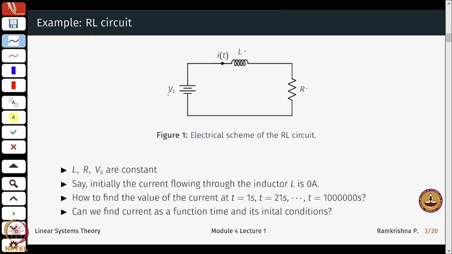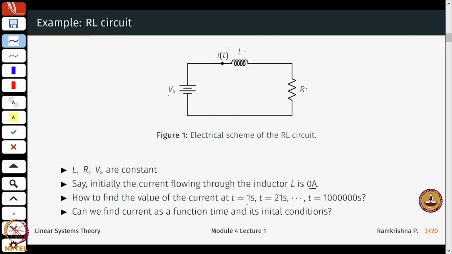What I would like to see is the evolution of current as soon as the voltage is applied at, say, t equal to 0. Let me also assume that the initial current through the inductor and therefore also through the resistor is 0. So, the question is, how do I find the value of current at t equal to say 1 second, 20 seconds and so on?